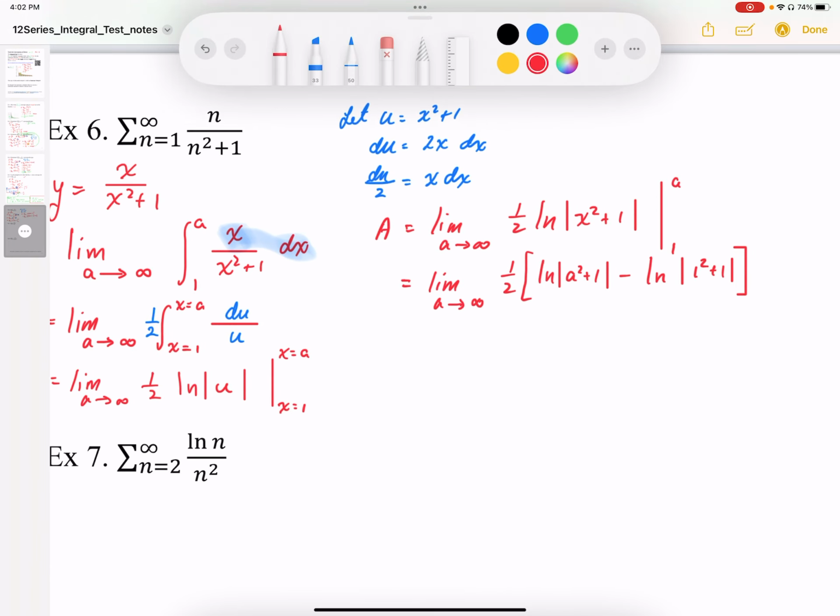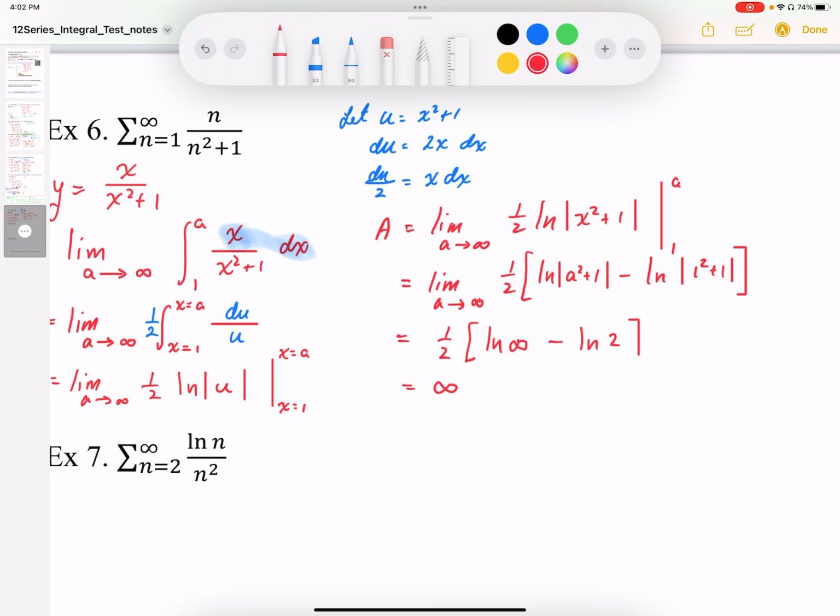Okay, so there's my integral. I'm now just going to substitute my infinity into this expression, so I end up with 1/2. This becomes log of infinity squared plus 1, so that's log infinity, minus this becomes log 2. Well, log infinity is infinity, so we end up with infinity minus log 2 divided by 2.